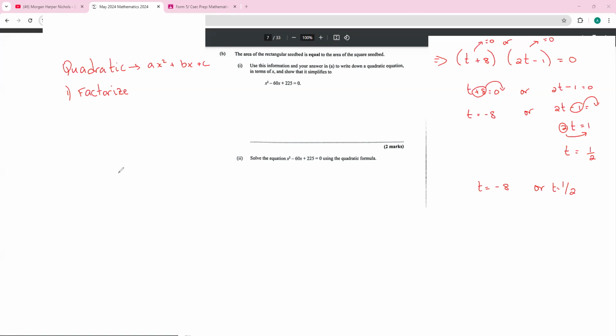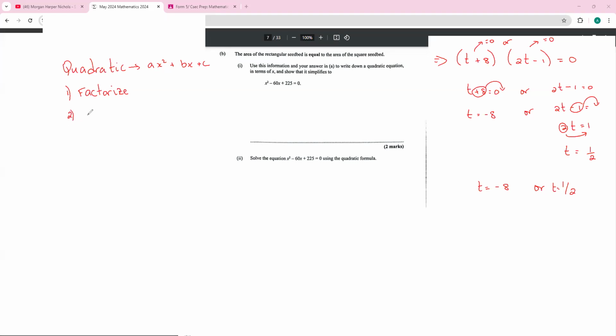So in a quadratic, you have two values of the unknown. In solving a quadratic, you could either factorize it first, like what we were doing earlier. And then if they tell you solve it, you put it equal to 0, and you put each bracket equal to 0 and solve them separately.